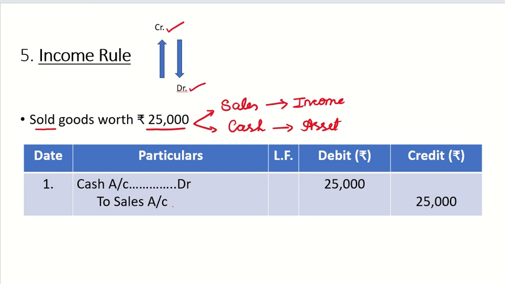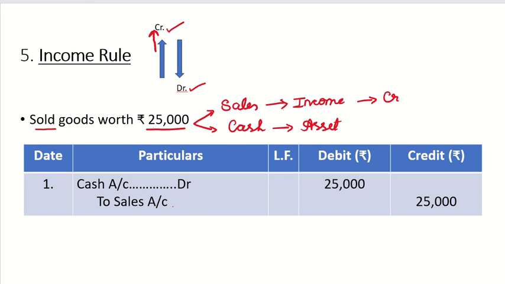Sales are increasing. So we will credit the sales account, because sales are happening and sales are increasing in the company.